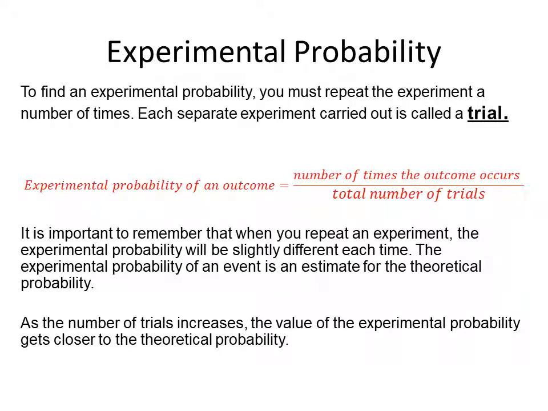And as the number of trials increases, the value of experimental probability will get closer to the theoretical probability. That's why scientists do many experiments in order to give us the final theory, which is the theoretical probability. After they do many experiments, they will get very close to the theoretical probability.